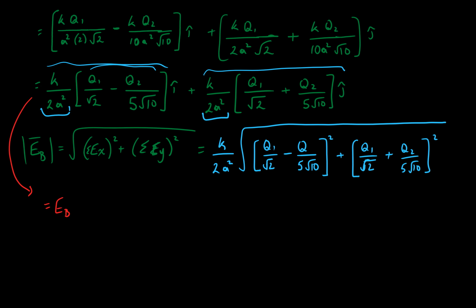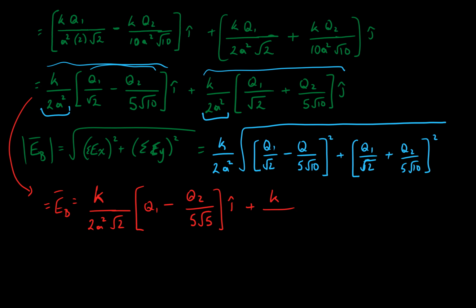So I could say my electric field vector is equal to k over 2a squared square root of 2 multiplied by q1 minus q2 over 5 radical, whoops, that should be 5 square root of 5 i hat plus k over 2a squared square root of 2 q1 plus q2 over 5 square root of 5, sorry, had a dumb moment there, j hat.